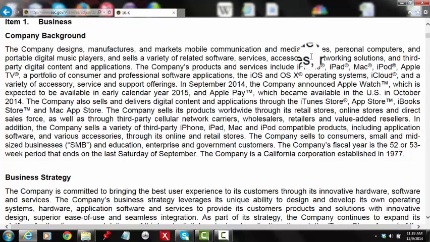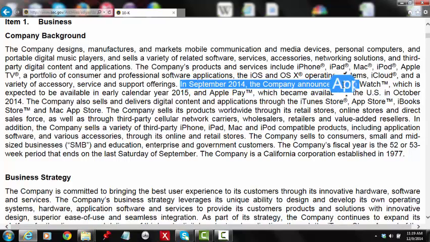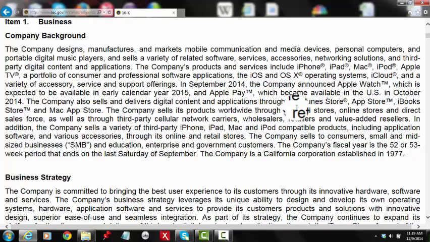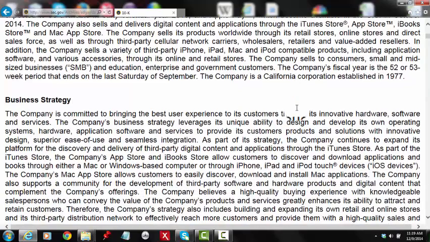In September 2014, an important point is that they also introduced the Apple Watch, which they're expecting in 2015, and the Apple Pay. Other than that, it doesn't say much about the company, just some basic things. So let's quickly skim through.